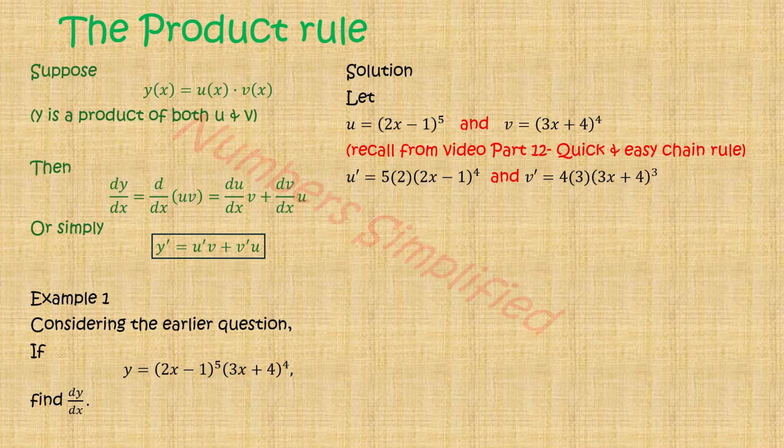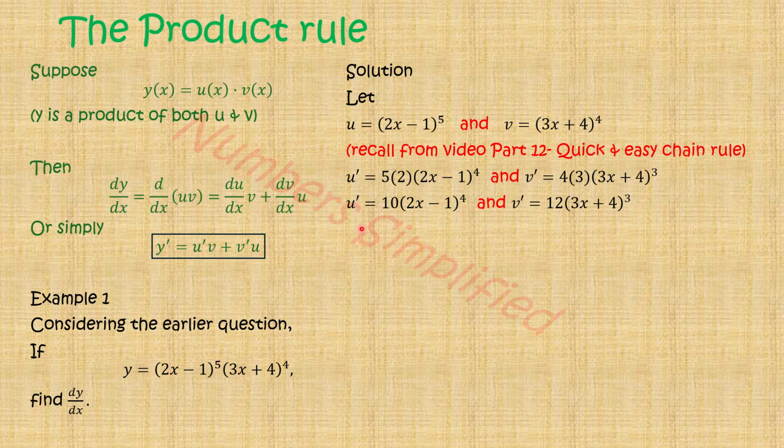Simplifying that further, u prime is equal to 10 times (2x minus 1) raised to the power 4, and v prime becomes 12 times (3x plus 4) raised to the power 3.